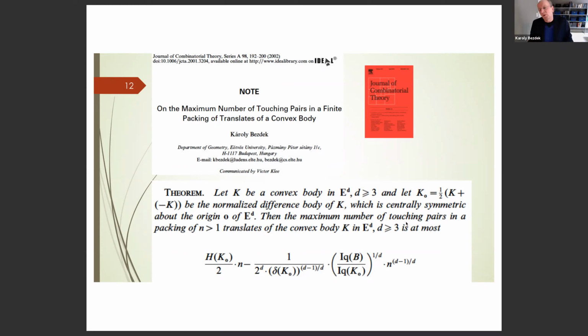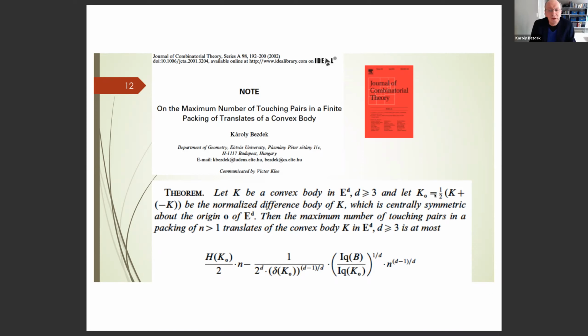Here, K0, K sub 0, refers to the Minkowski symmetrization of K. K need not be centrally symmetric, but this symmetrization procedure, where we take K and negative K and the vector sum of these two and normalize it with factor 1/2, gives a centrally symmetric convex body.